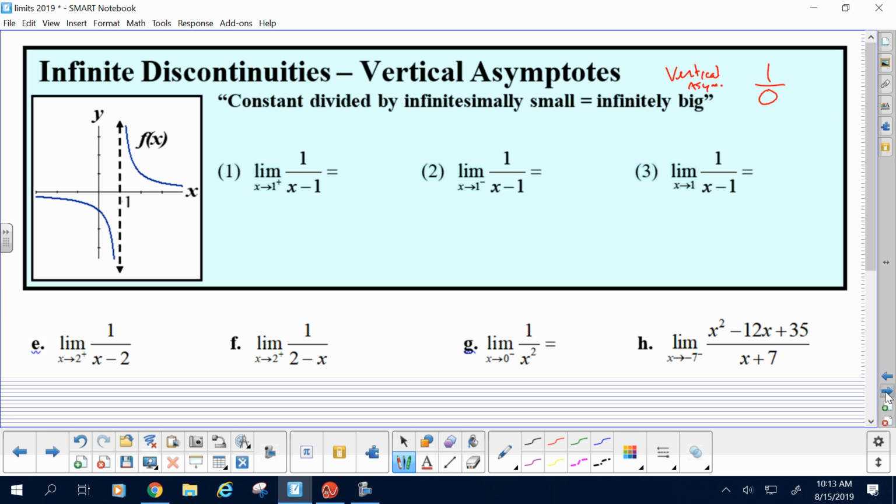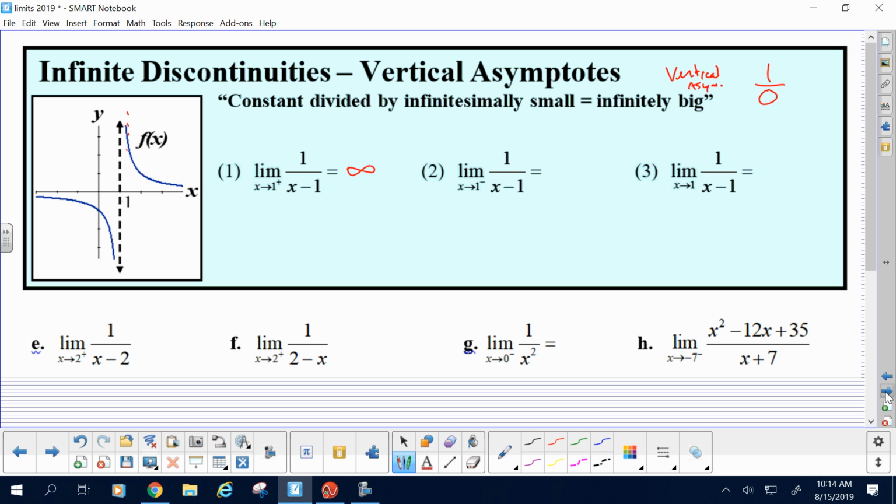If I take 1 and 1/100 minus 1, I'm left with 1/100 in the denominator. What's 1 divided by 1/100? 100. Then I get a little closer, 1 and a millionth. 1 and a millionth minus 1 is 1 millionth in the denominator. 1 over a millionth is a million. So you're getting huger and huger. This approaches infinity.